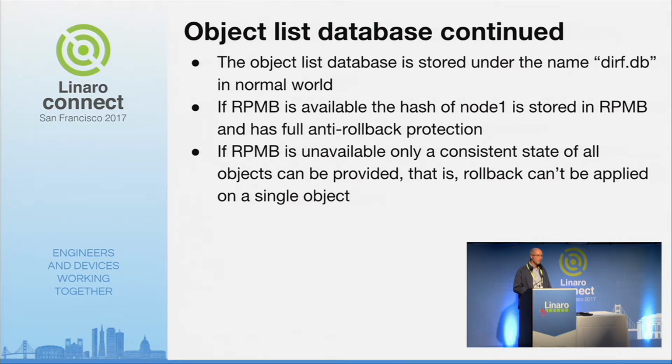RPMB in turn is relying on eMMC, a root of trust in the secure world. When we communicate with RPMB, we have a shared secret, and it's MAC'd messages that we exchange.